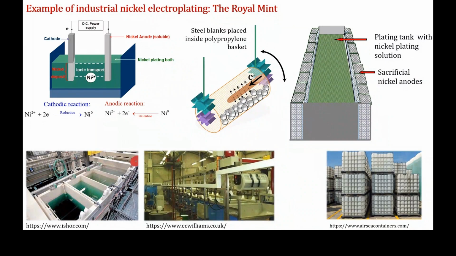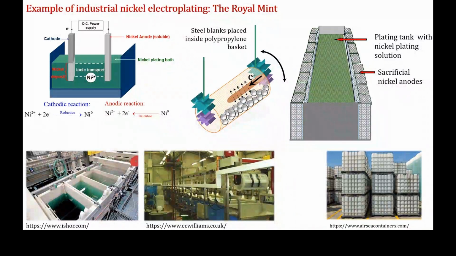For example, if you're plating nickel, you will have a nickel anode that steadily dissolves to replenish the concentration of the ions that you are reducing. So you're going from a solid metal anode into dissolved ions in solution, and then forming a very nicely controlled thin coating on the cathode.